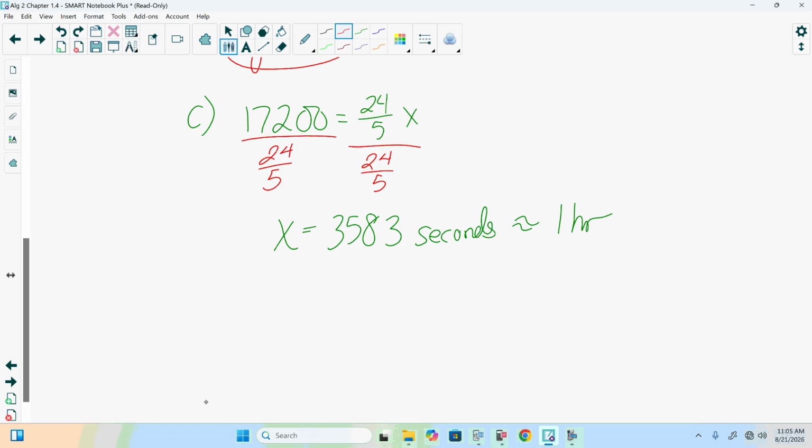This says it travels 24 miles in 5 seconds. So you're looking at somewhere close to 15 seconds to get from here to Tulsa, if you drove in a straight line.